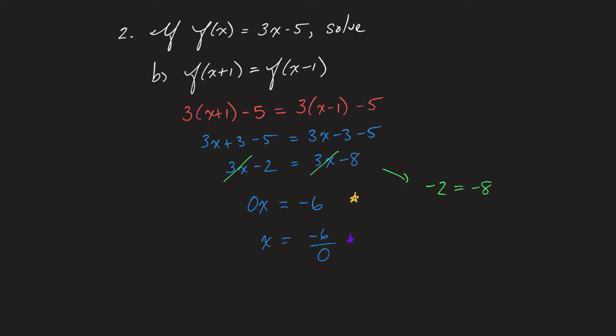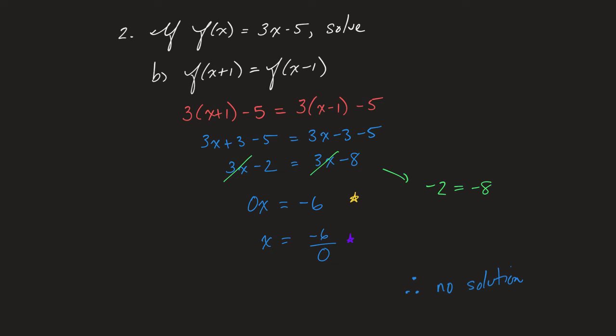Well, you take a look, and either at the moment we had the green, or the moment we got to the gold star, or the moment we got to the purple star, we should have been able to determine that there is no solution to this equation. So everyone's answer at some point is no solution. The equation that was built in red has no possible solution where you could sub in that x value on the left and the right side and make left and right side equal.